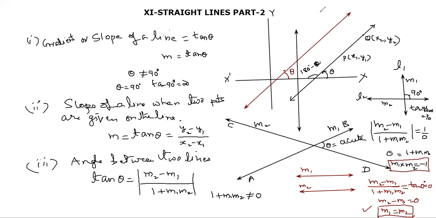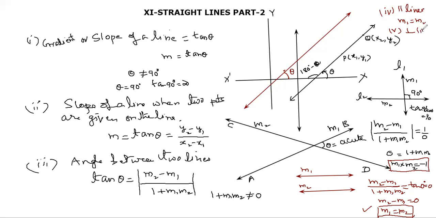So now we have the conditions. For parallel lines, m1 is equal to m2, the gradients are equal.